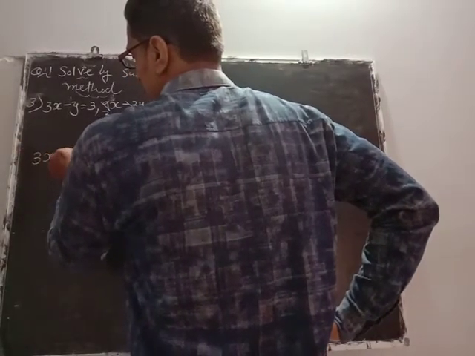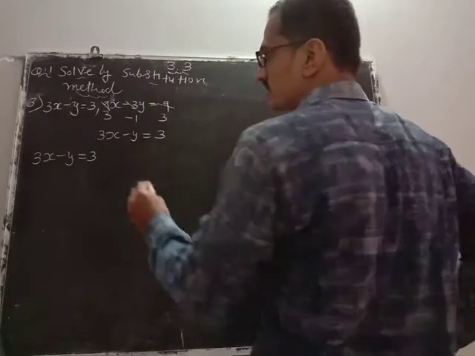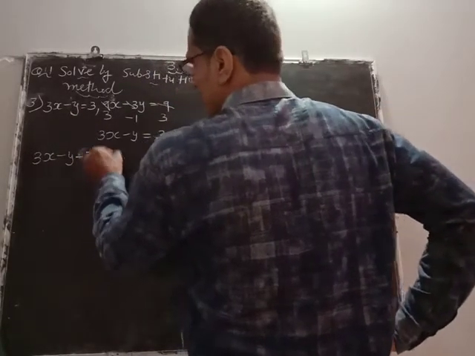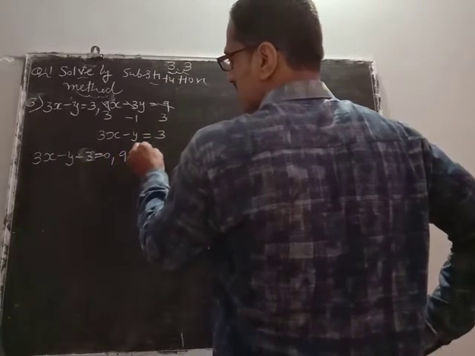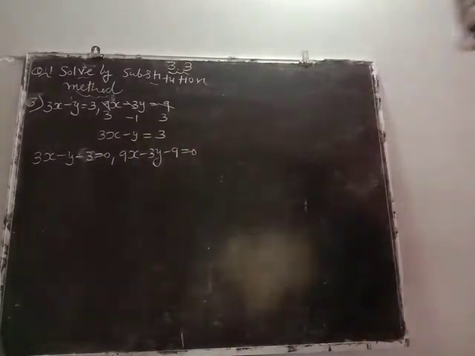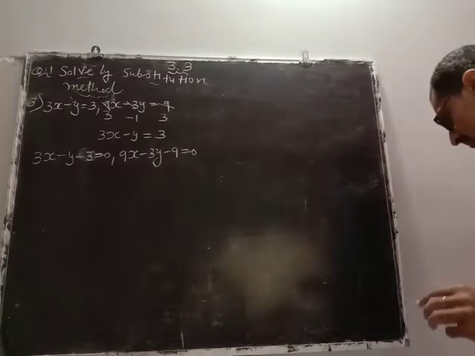3x minus y equals 3. Standard form. The original equation is 9x minus 3y minus 9 equals 0.